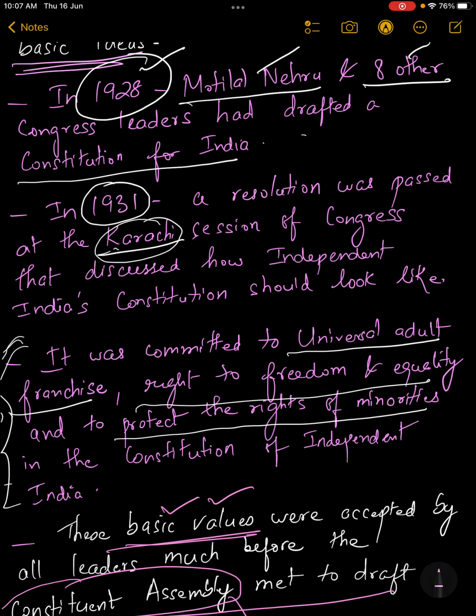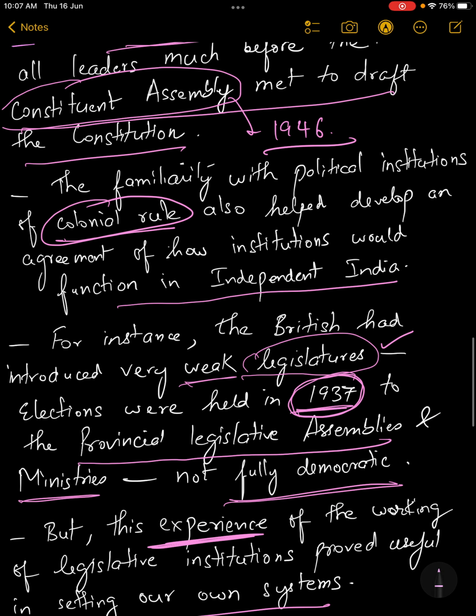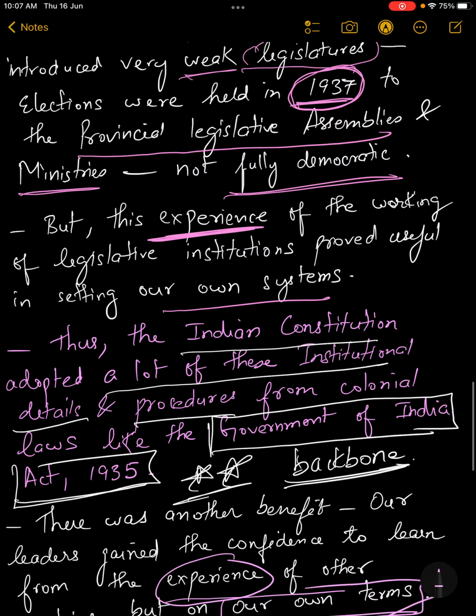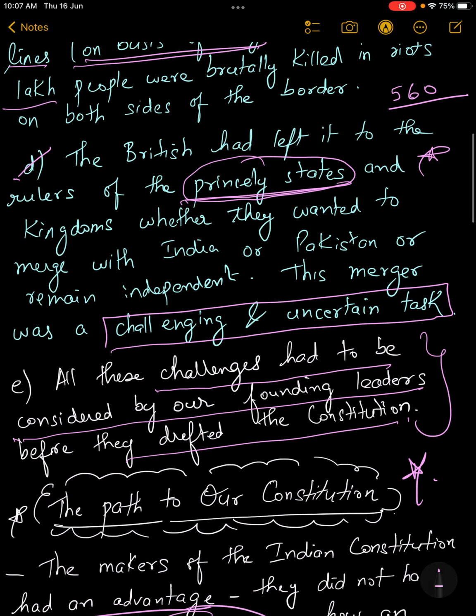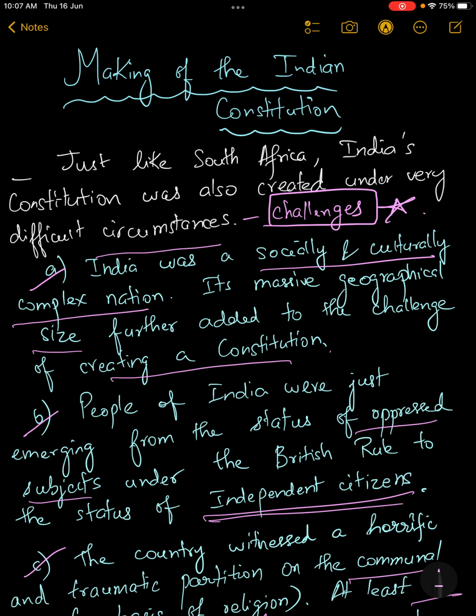Then there was the Constituent Assembly eventually that came forward to discuss how did they get inspired, how did the British influence come into our constitution, how did we get inspired from other nations as well, and what were some of the challenges also that we had faced before we went ahead and drafted the constitution. That is what forms the context of the Indian constitution itself. I hope this was quite explanatory, and if there are any queries, please do reach out, and thank you.